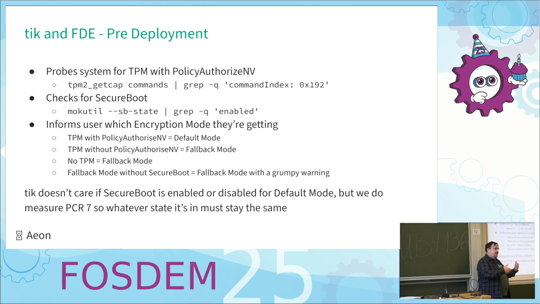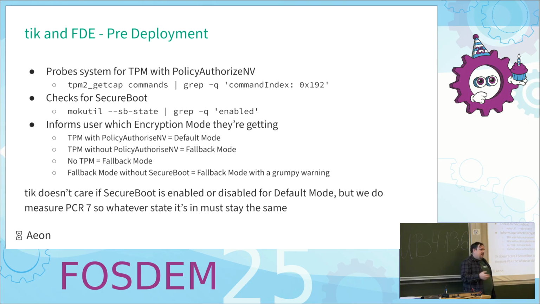Are you going to get a nice, decent, validated secure boot chain where it's actually only going to unlock if your boot chain is good, or are you just going to be shoving in a password? So if you have a good enough bit of hardware with policy authorized NV in your TPM, you get default mode. Pretty much in any other case, you get fallback mode.